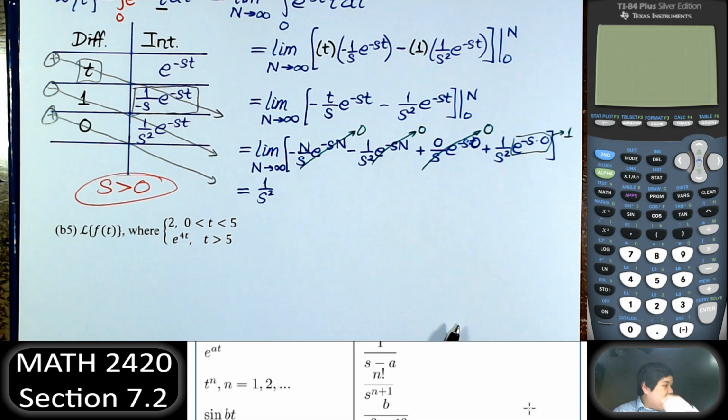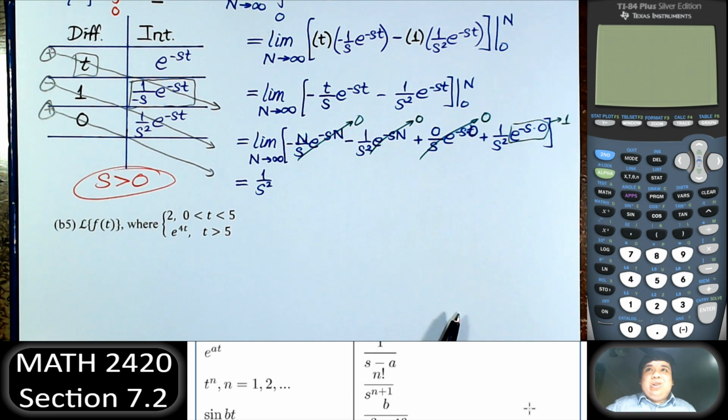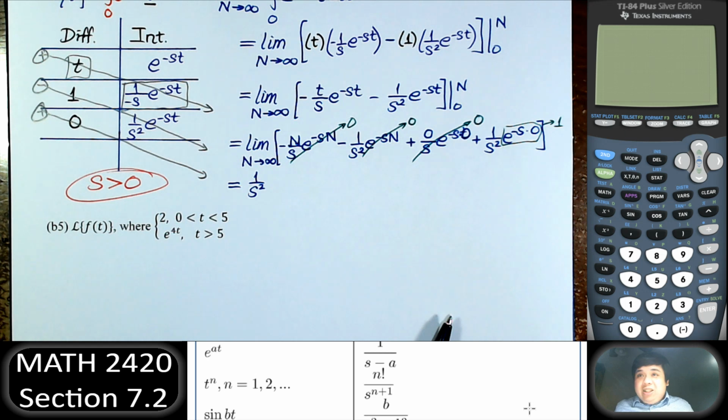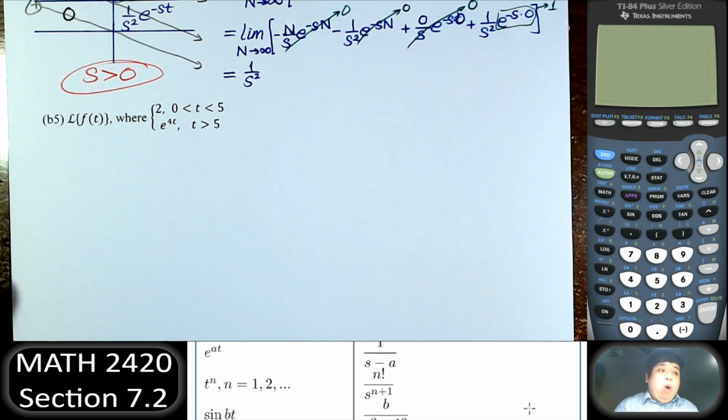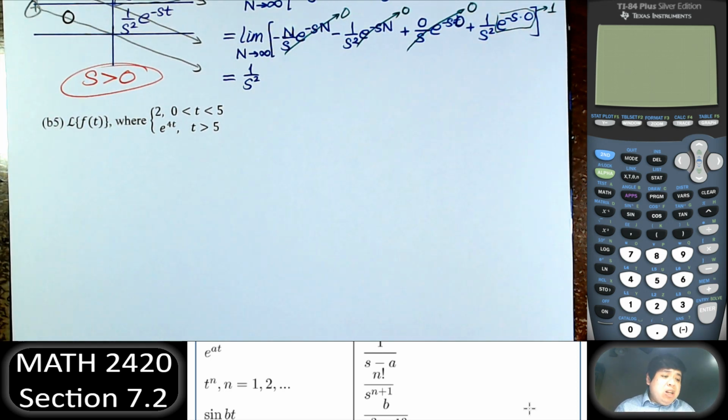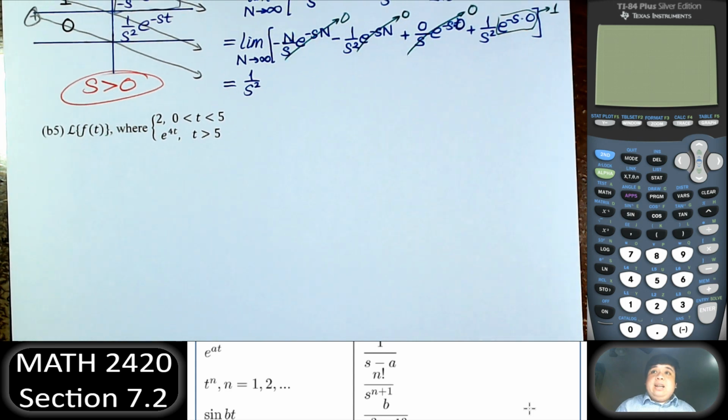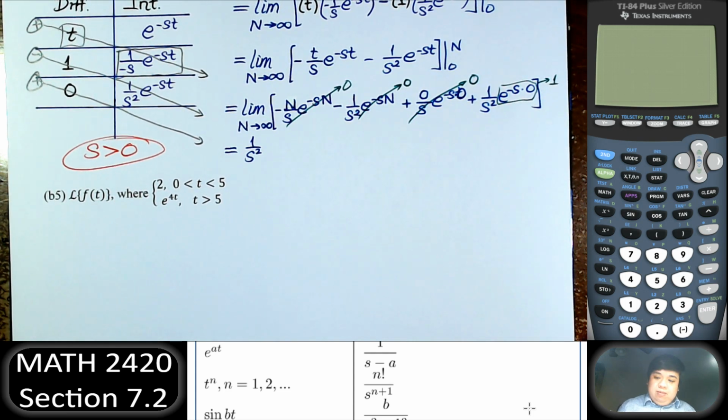Right, so I said just use the definition of the Laplace transform. We do a lot of definitions here, so later on we don't have to do this. Just look at the table. If you remember in calculus 1 where we learned about integrals and derivatives, if we have to prove a derivative using the definition, that will take a lot of work.